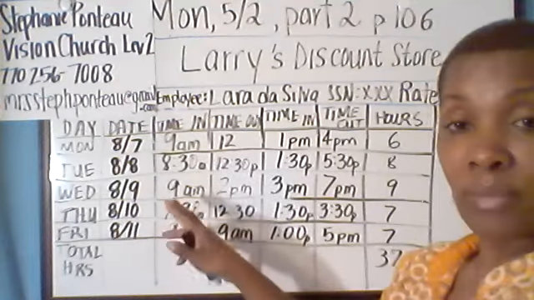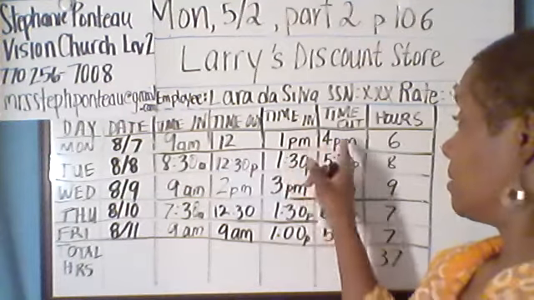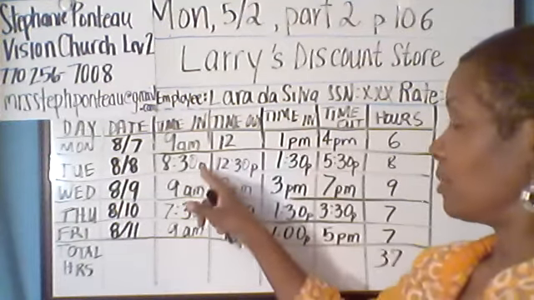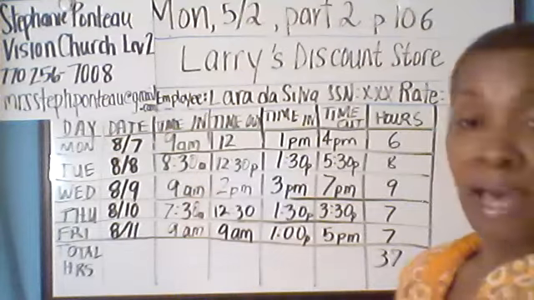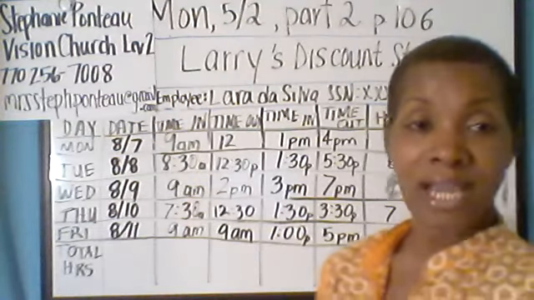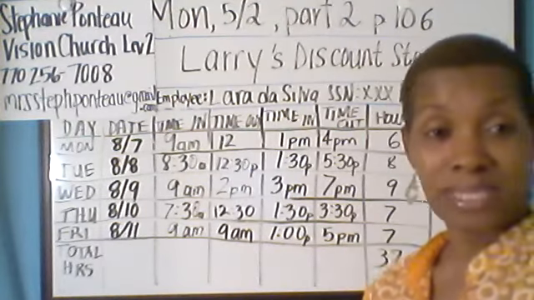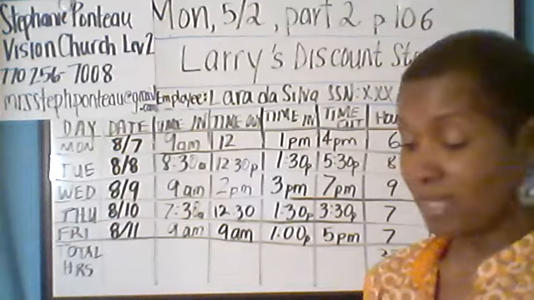And on the timesheet that I wrote, sometimes I put PM, sometimes I just put AM or A. I kind of got tired of writing. So you know AM is in the morning, PM is in the afternoon, evening.